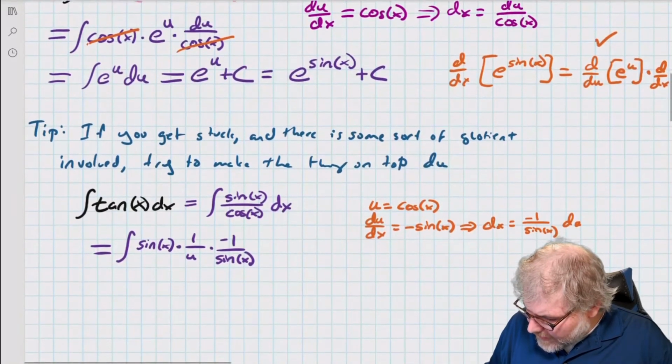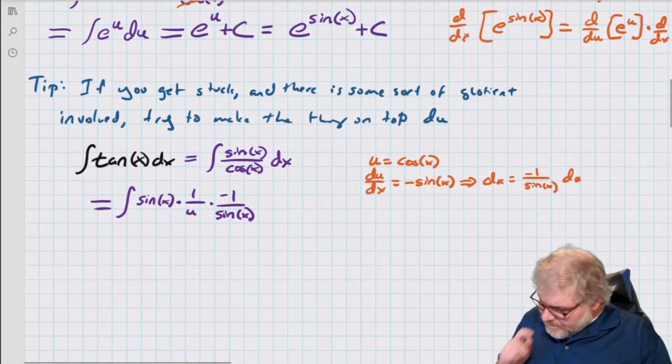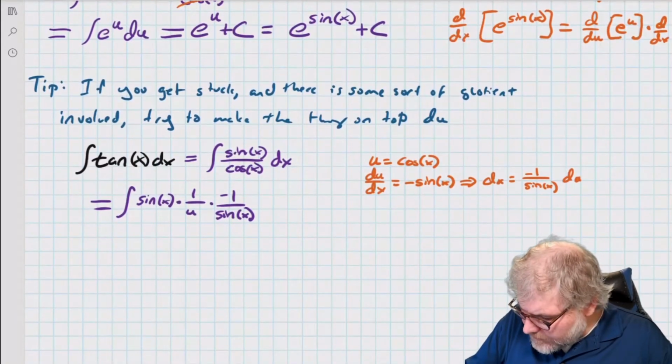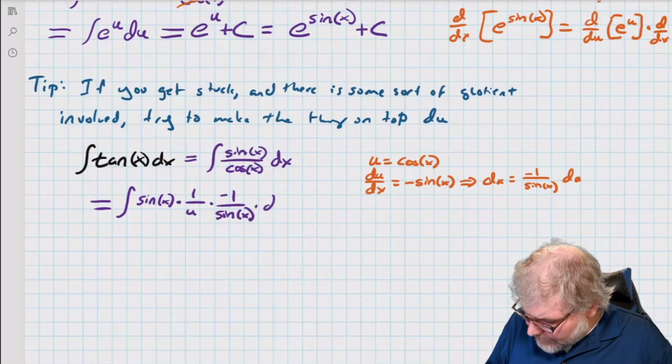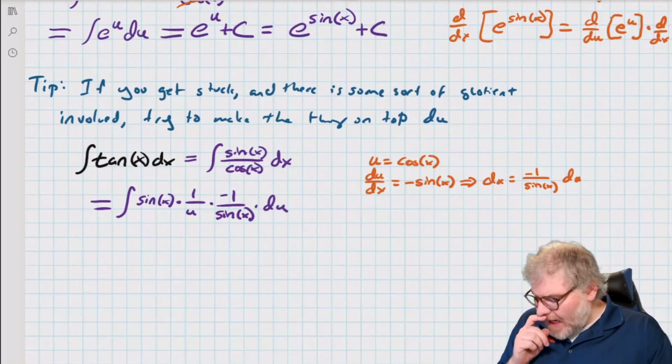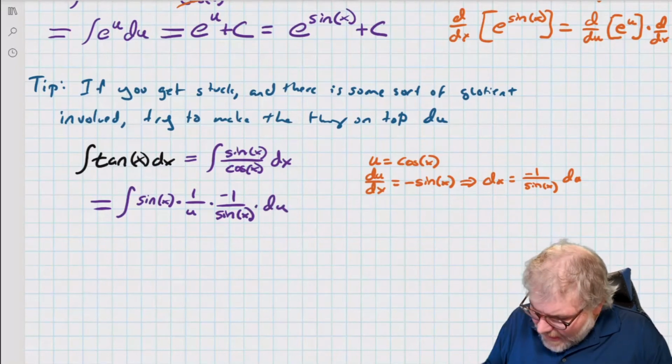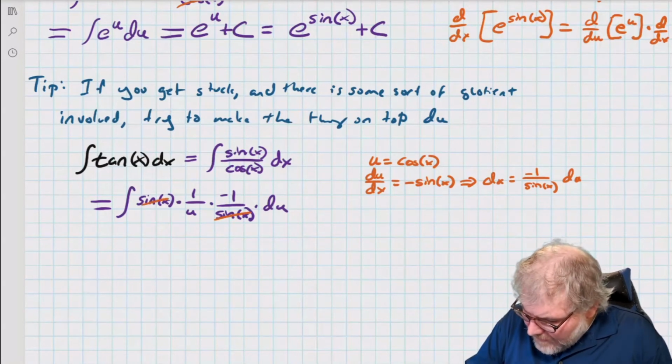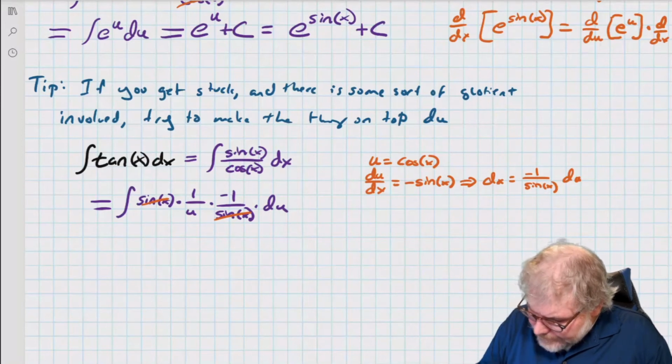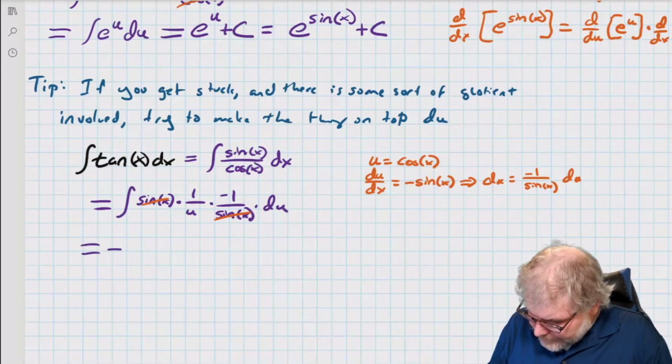I didn't make that mistake everywhere, did I? No. Okay, times du. All right, now things cancel nicely. I pull out that negative 1, and what I'm left with is 1 over u du.